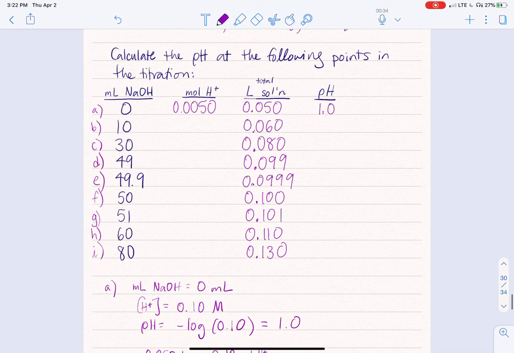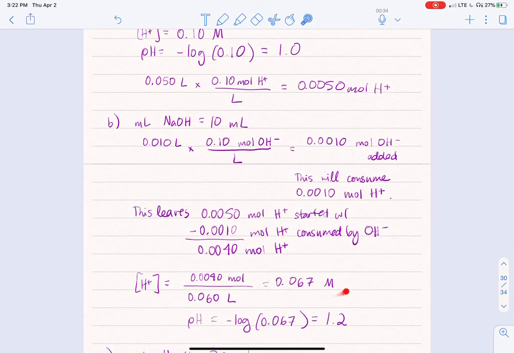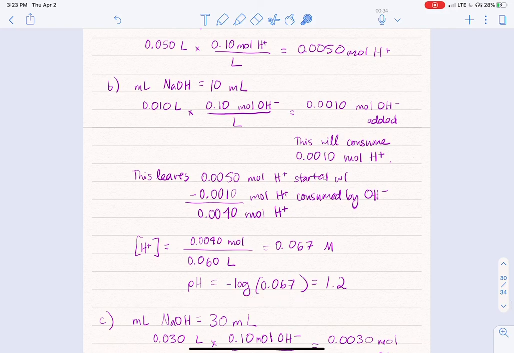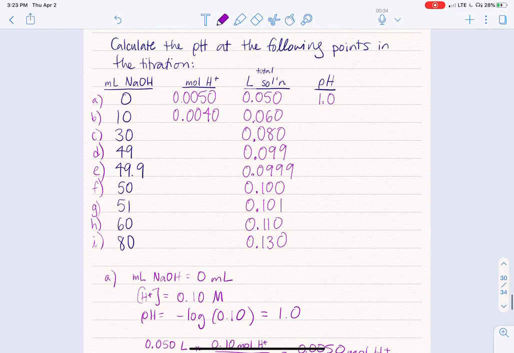Going back to my table, I can insert that into my moles of protons column, and now I can take the number of moles of protons, put it over the total volume, and calculate the concentration of protons. 0.004 over the total volume gives me a molar concentration of 0.067 molar H+. Taking the negative log of that gives me a pH of 1.2, which I can add to my table.